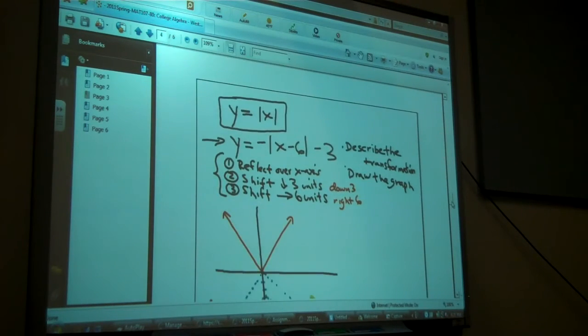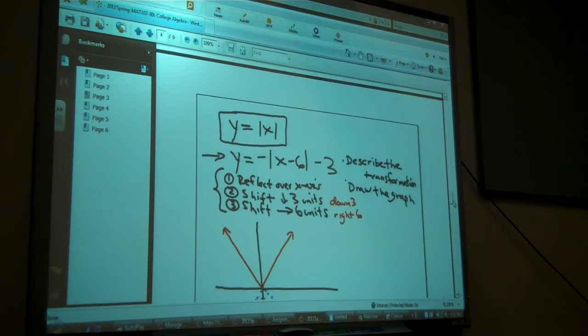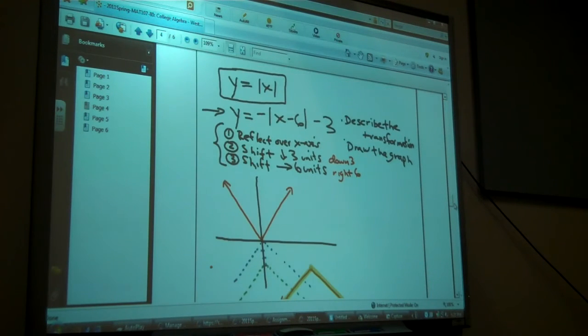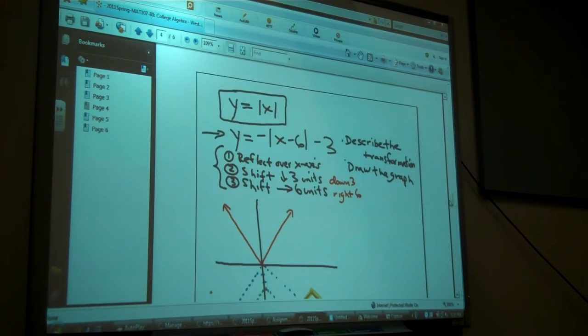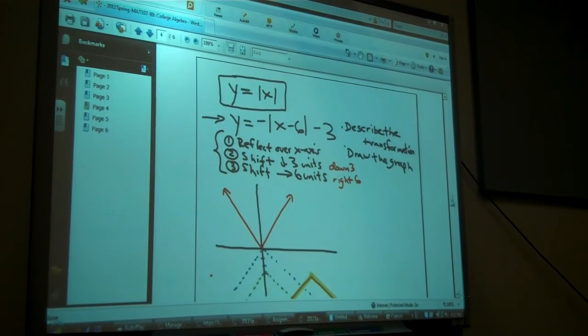Someone has asked the question of explaining again. This is all three transformations together. So it could be, I'll give you the formula, you perform the three different transformations. Or it could be, I give you the transformations, you tell me the formula.